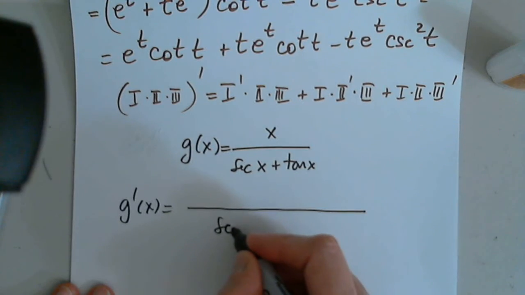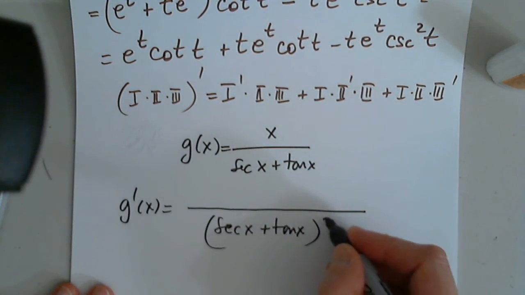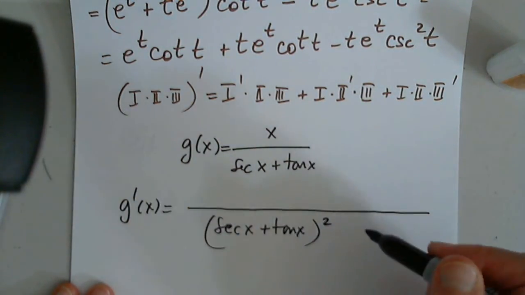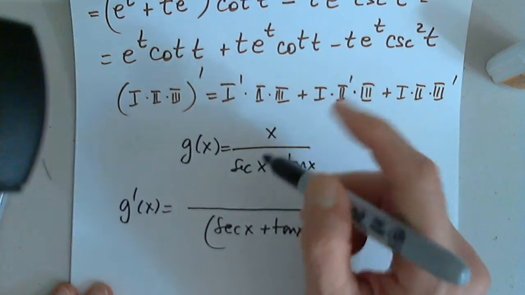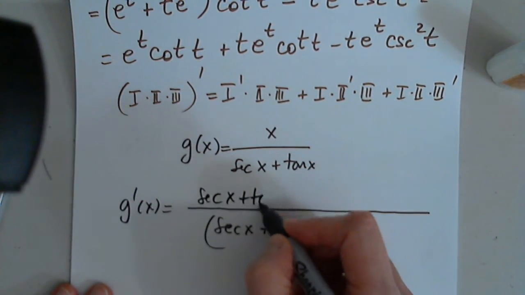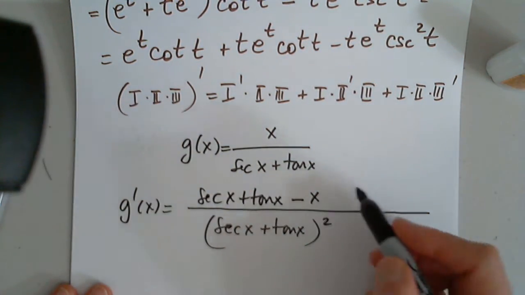So this is secant x plus tangent x everything squared. Now I know that the numerator has to have a difference, right? The top prime is 1 times the denominator minus the top times the denominator prime.